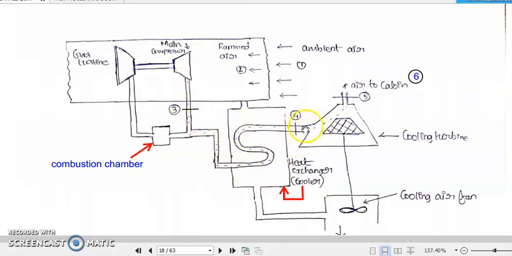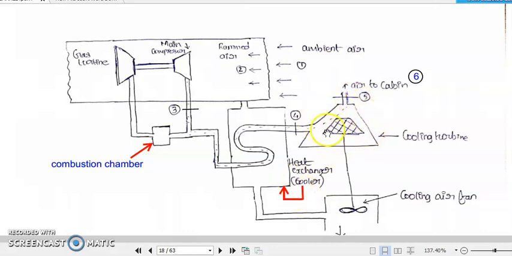It is still at a high pressure energy, so it can do work on this cooling turbine, which will be actuating this cooling air fan. During this work done on the turbine, the pressure energy of the working fluid, which is air, will be reduced.